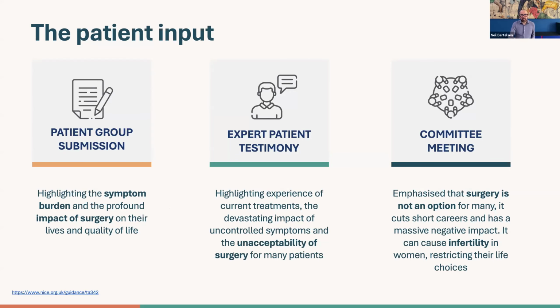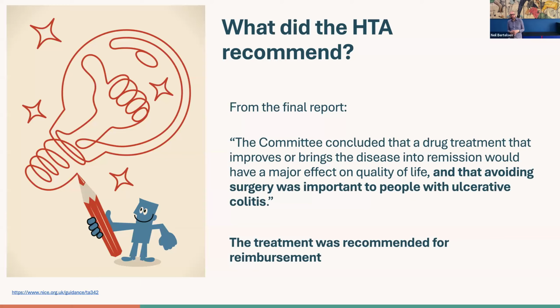And so the committee recommended it for reimbursement, but they particularly called out that avoiding surgery was important to people with ulcerative colitis. So there was a whole dimension of where the value is that came from this discussion about delaying or avoiding surgery, which wasn't obvious at the beginning of the HTA.